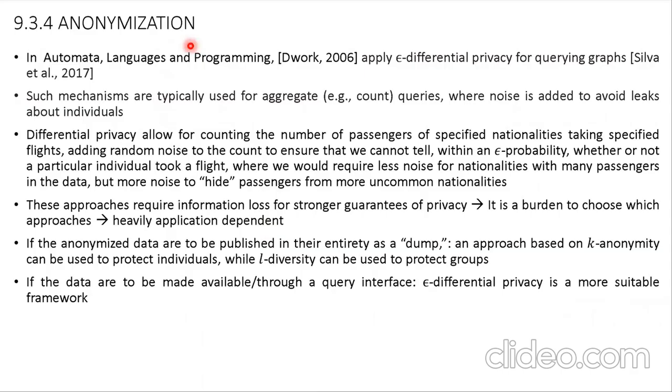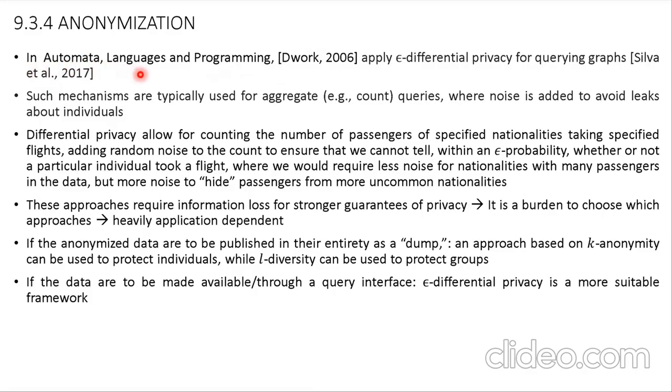While the aforementioned techniques anonymize the data, the approach we will discuss here is to apply anonymization when answering queries, such as adding noise to the solution in a way that preserves privacy.